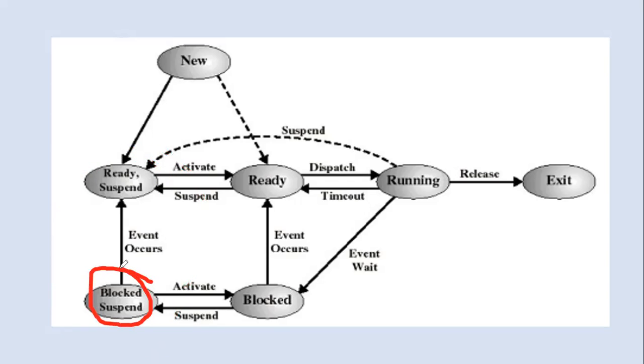They have been blocked, but they're suspended. That means they're outside the main memory. And once the process that was blocked, waiting for an input, is done, but it was suspended, it then joins or is put in another state that we call the ready but suspended state.